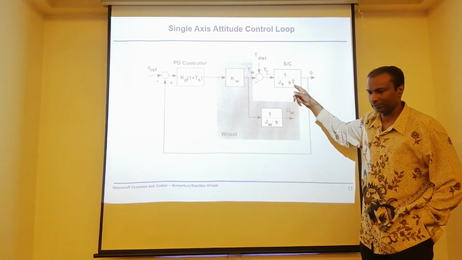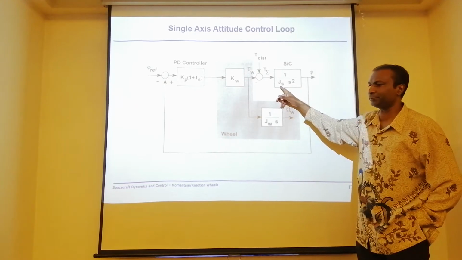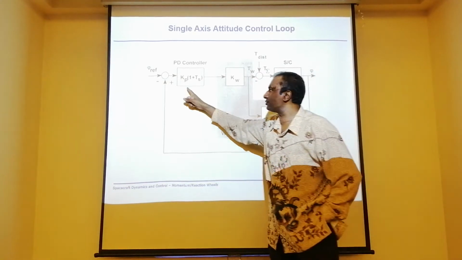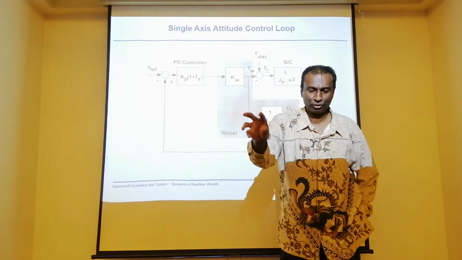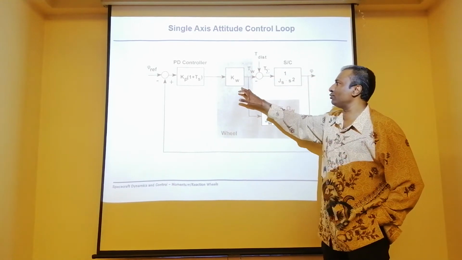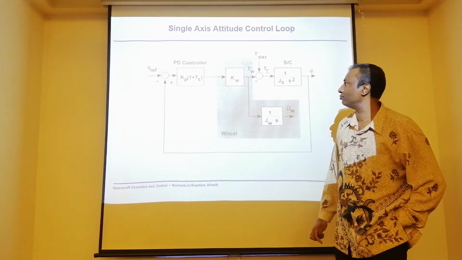It is a second order equation, with S being the Laplace operator. This is basically the inertia of that satellite, and I use a PD controller. That means I have a proportional gain and a derivative gain. KW is my wheel, the reaction wheel that you use.